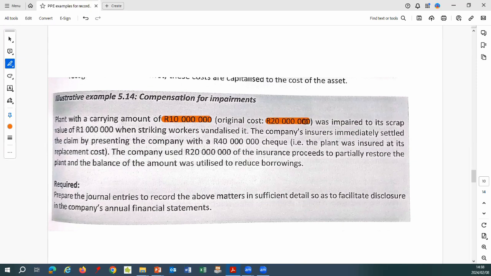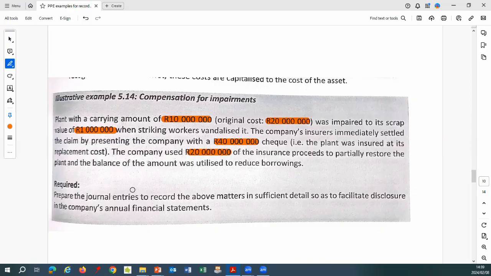It was impaired to a scrap value of 1 million because of vandalism. So it went down from 10 to 1. The company's insurance settled and gave a 40 million check. Then the company used 20 million to restore the plant.